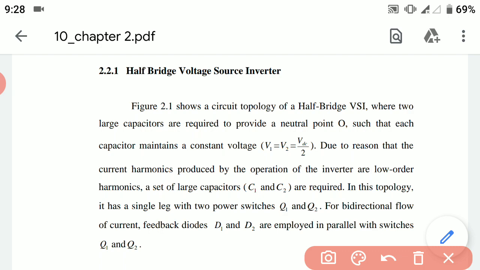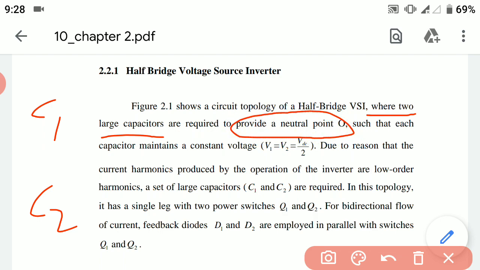In this half bridge voltage source inverter, we are using two large capacitors, C1 and C2, to provide a neutral point O in a single phase.